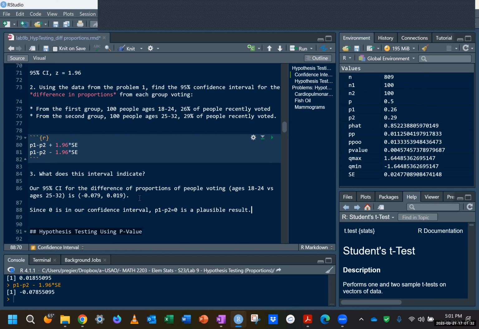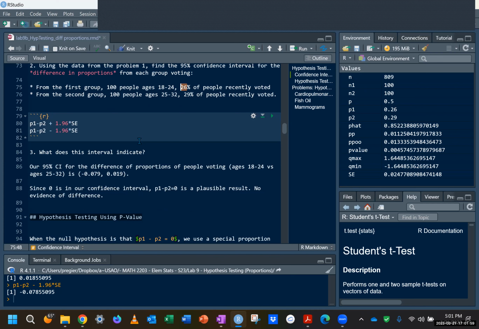So it means we don't know there's any difference. 0 means no difference. So we should really say there's no evidence. There could be a statistically significant difference still, but we don't see one here in this size of a sample. So that's what it tells us. Statistically, based off the sample size, there's no evidence that there's a difference. That's what we can conclude from this.